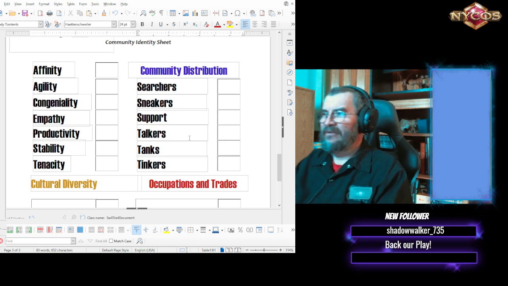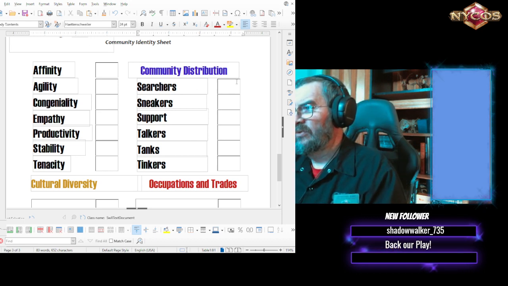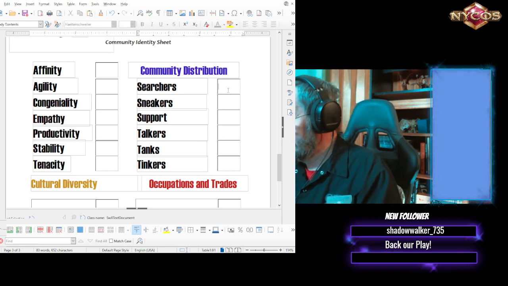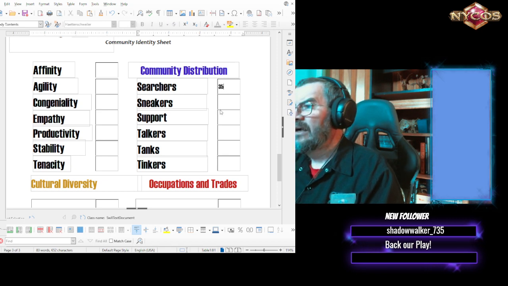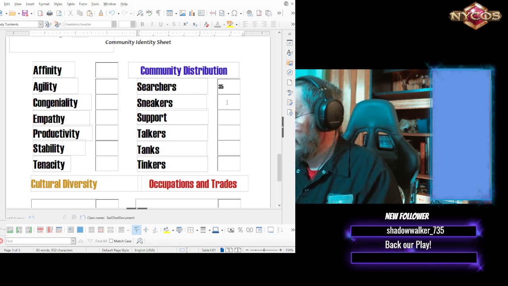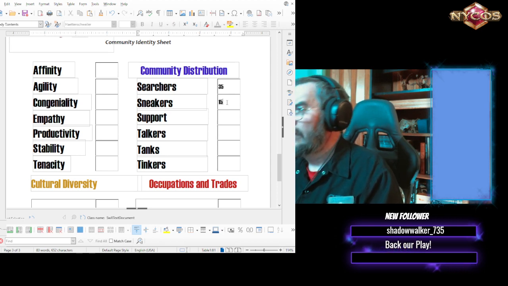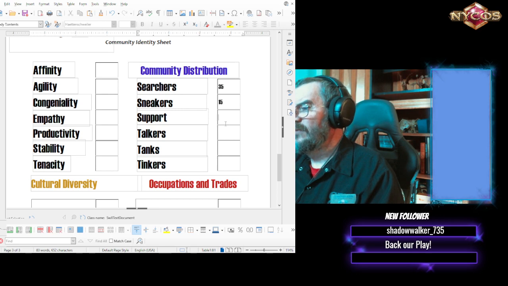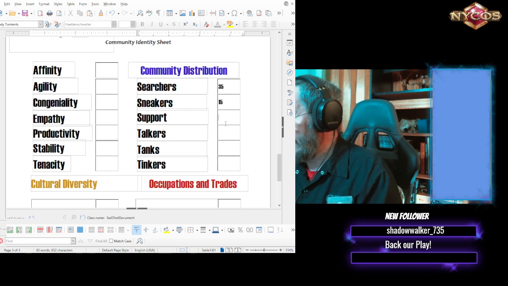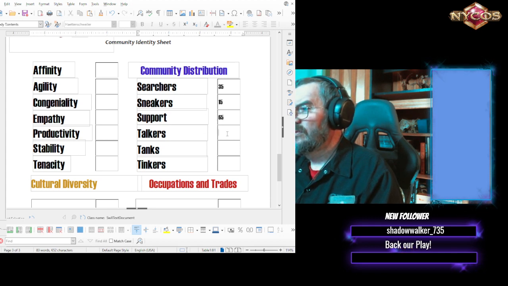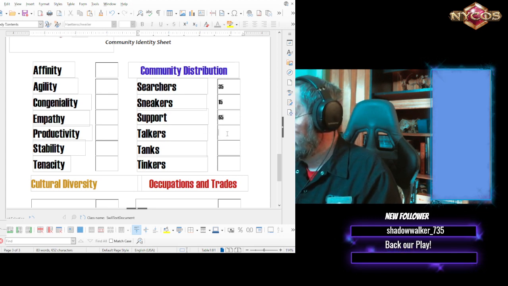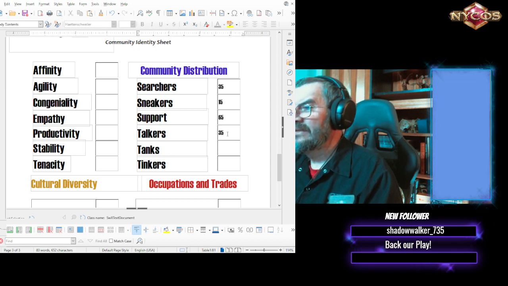Well, by having a community distribution value here, and these, I'm putting it as totally arbitrary. The idea is that if you needed to find somebody of that occupational path, you could theoretically find them by rolling against their likelihood of being there.